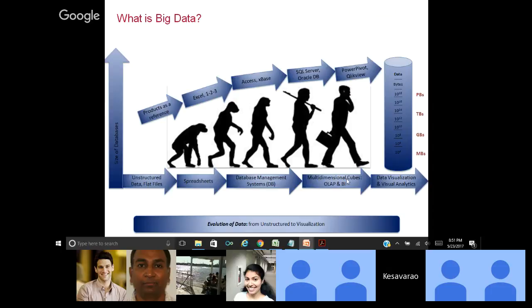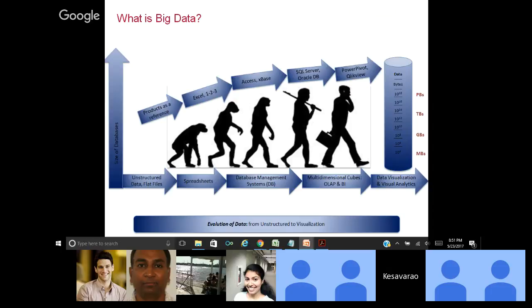Then multidimensional cubes like Cognos cubes or Essbase cubes, and a lot of multidimensional cube technologies came later on. And data visualization and visual analytics now totally dominate the BI market in big data analytics.